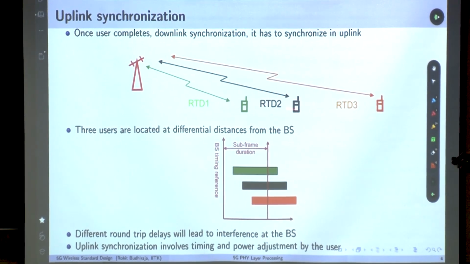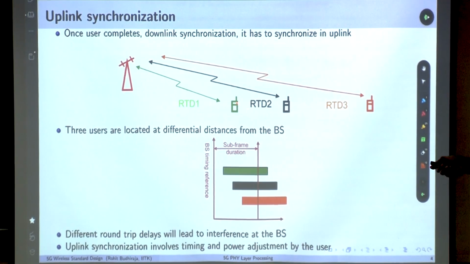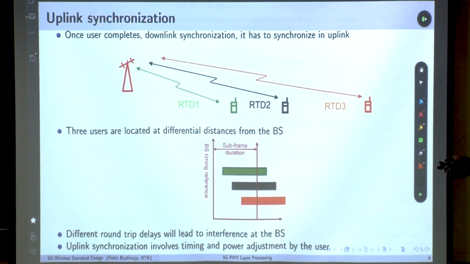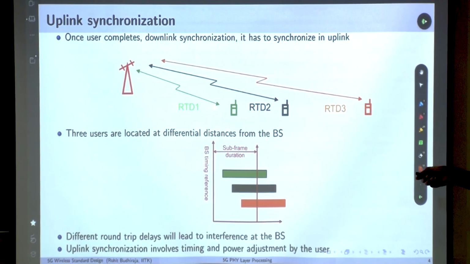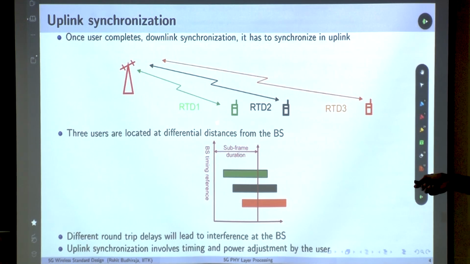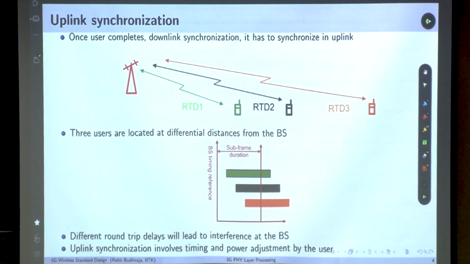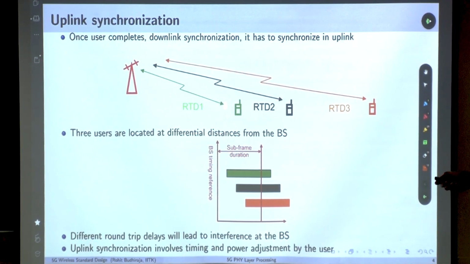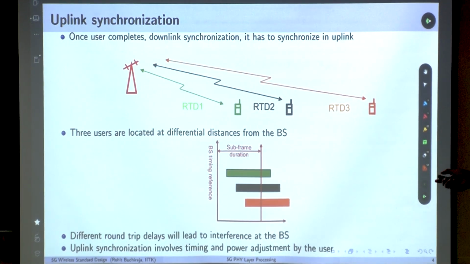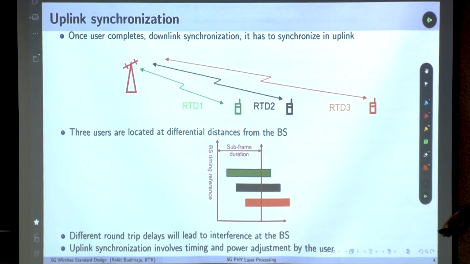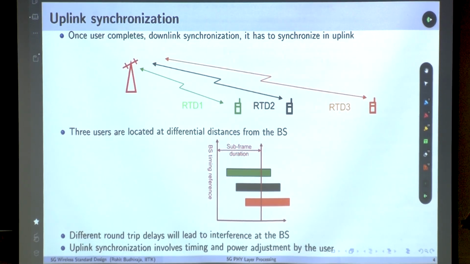If all of them transmit at the same power, the transmission of this user will sink the transmission of this user, because this user's signal will be received at much higher power than this user. So the base station will tell this user to reduce the power and that user to increase the power. Broadly this is done during uplink synchronization.